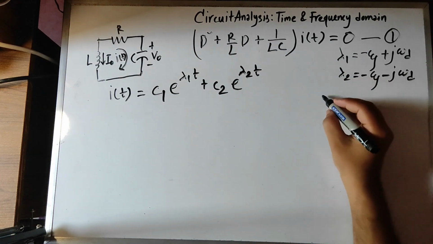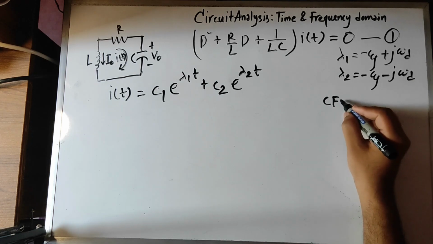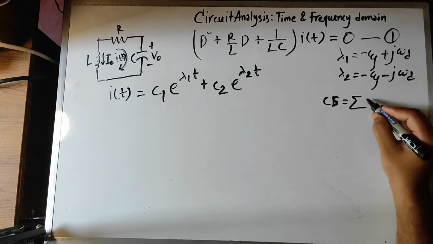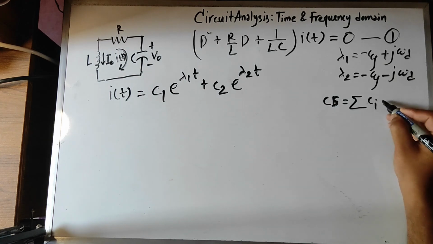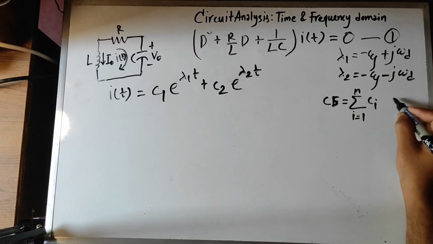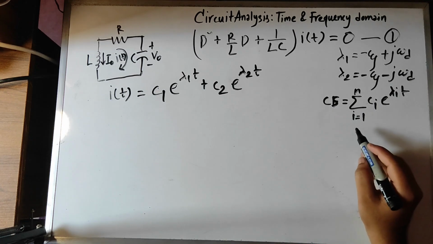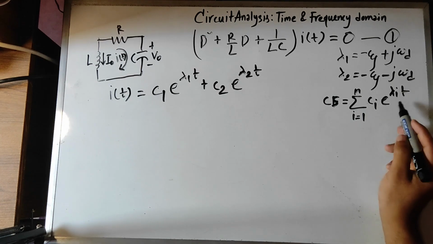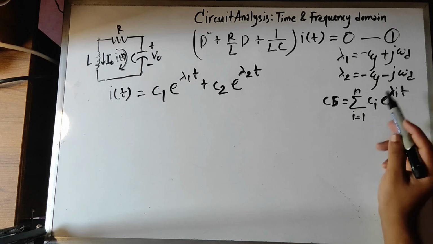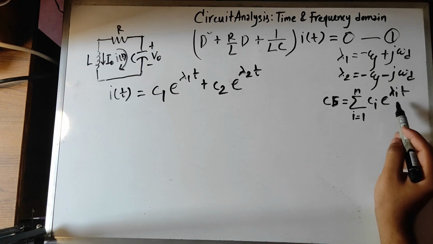We know that the complementary solution is the summation for i equals 1 to n of Ci exponential lambda i t, if the roots are lambda i.